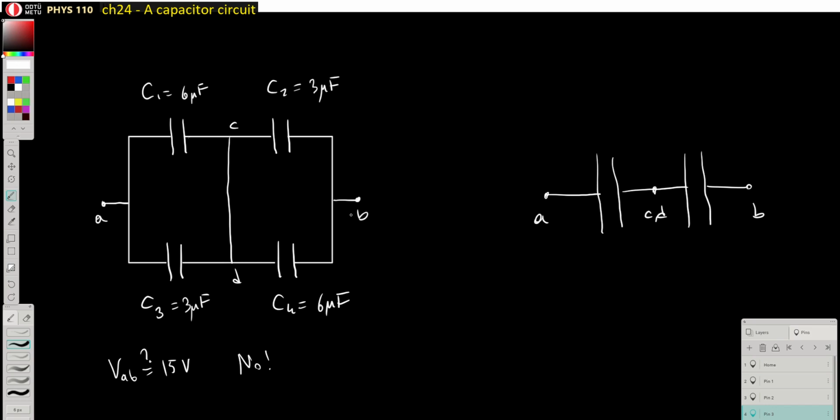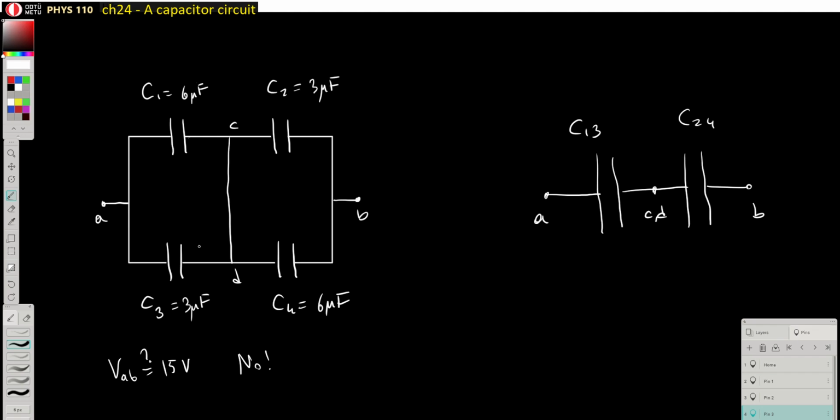Let me undo all of these and go back to the original picture. I have these two capacitors which are connected in parallel. I compute their equivalent capacitance, which I'm going to call C13. I also have two capacitors connected in parallel, and I'm going to call their equivalent capacitance C24. Let's compute this.